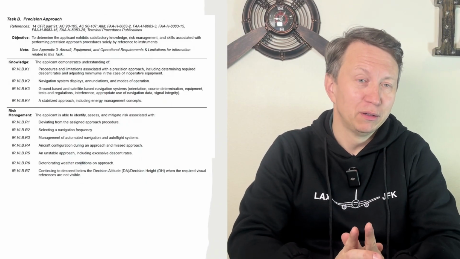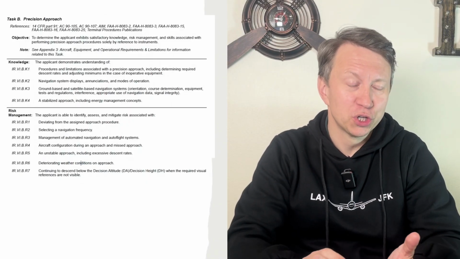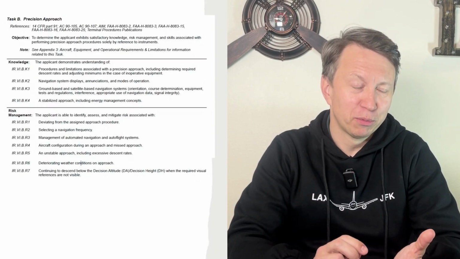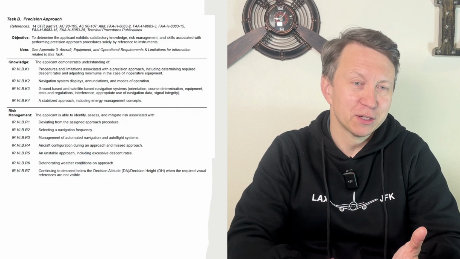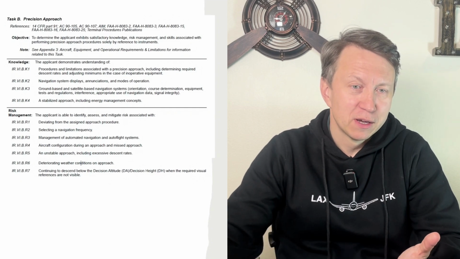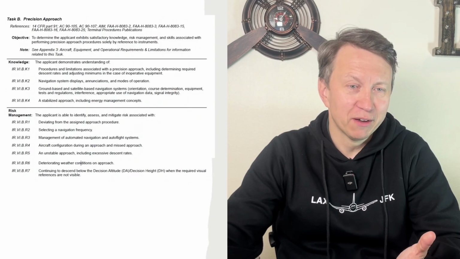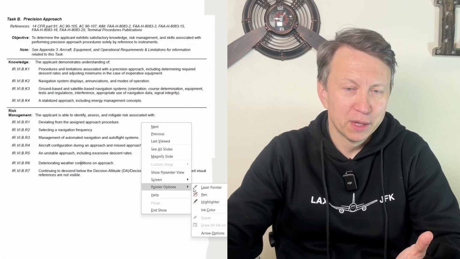As usual, looking at precision approach, when you are going for the check ride prep, check in with ACS. We have knowledge areas, we have risk management, and then most important on the next page, we have skills. Knowledge areas, you have to know what stabilized approach is. That is why precision approaches exist.